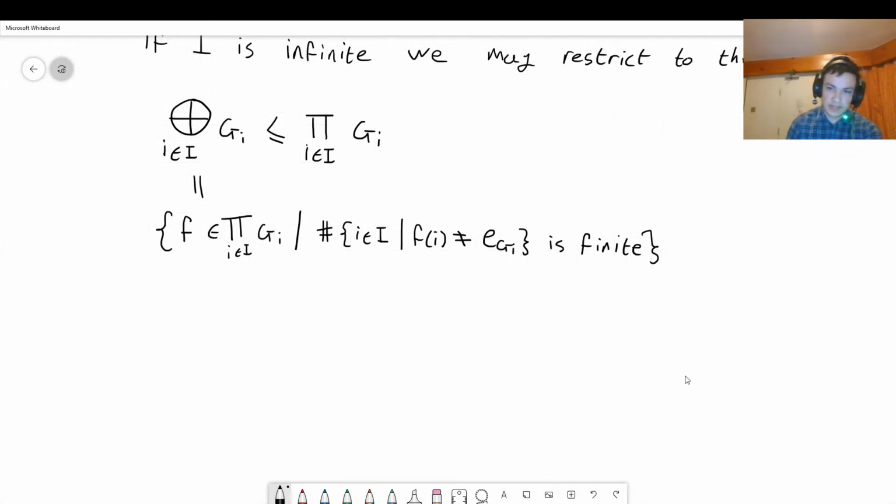We won't worry about that now, but it comes up in graded rings when we talk about homology. Okay, so if we have two groups, G and H, then the order of the product group is just the product of their orders. Okay, so that's nice and simple.